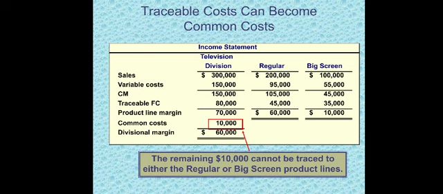It means that after you have prepared the segmental reporting for the TV division, you can see the profit made by the regular segment and the big screen segment. Okay, that is the main purpose of preparing the segmental reporting. You want to see the profitability or the performance of each segment.